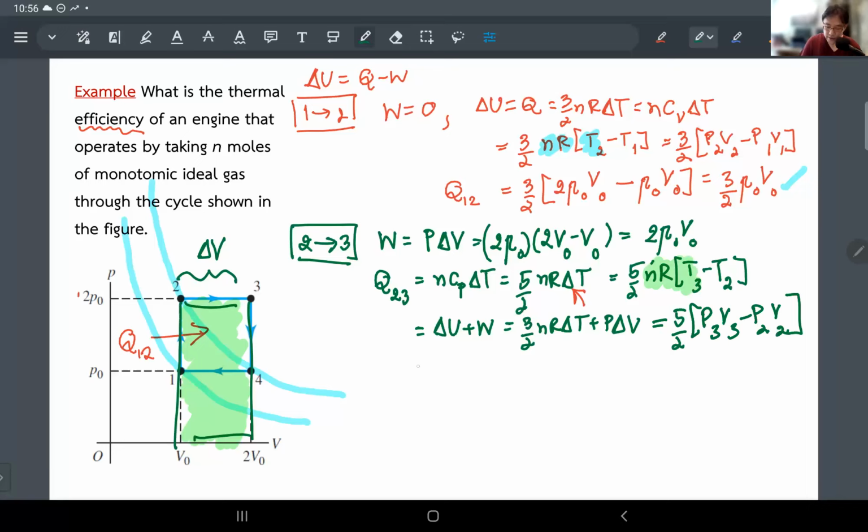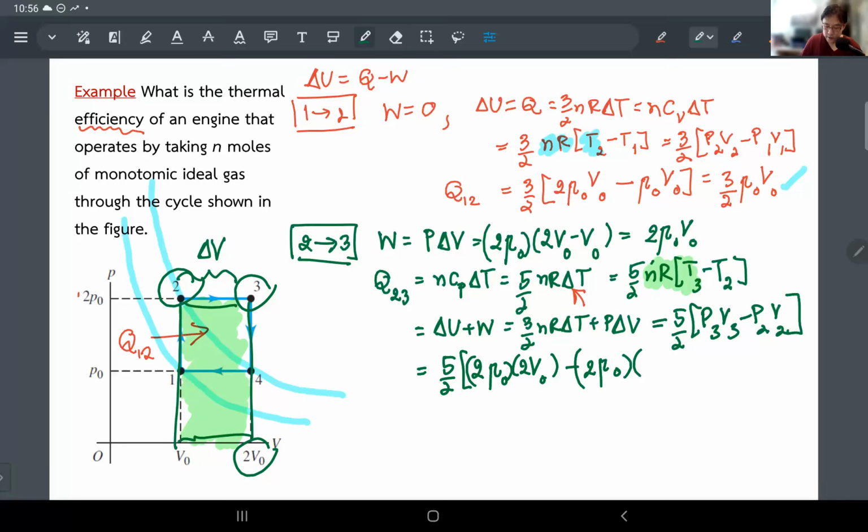And that's it. You can read the values from the 2 axes, P and V. At point number 3, it's 2P naught, 2V naught. So it's going to be 5/2 times 2P naught times 2V naught. Now subtract out what is going on at point number 2. The pressure is 2P naught.